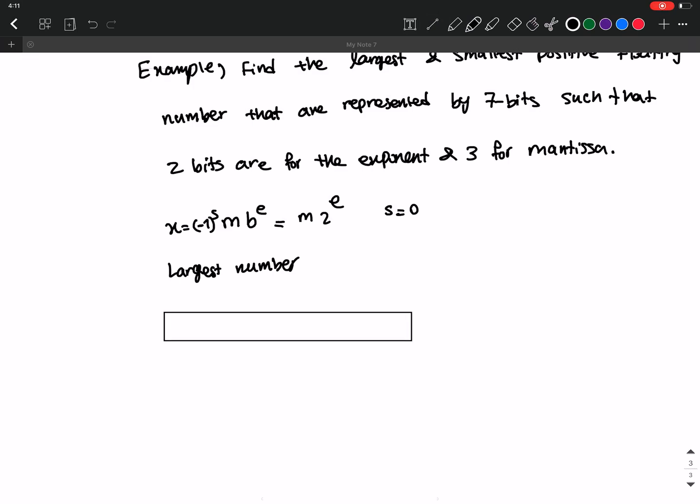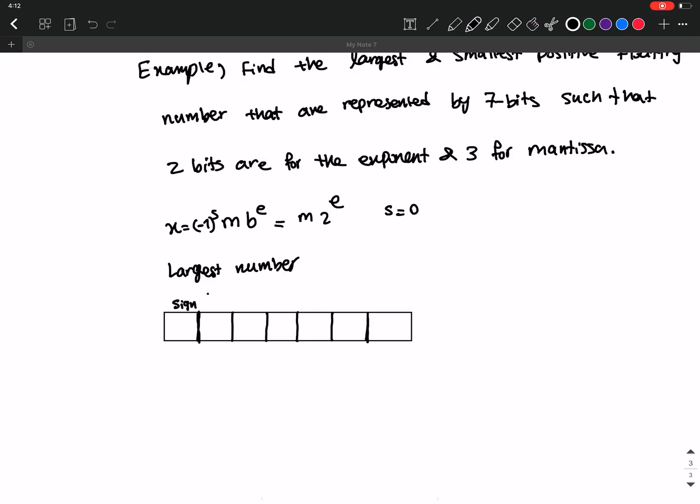We have 7 bits, so it's gonna be 1, 2, 3, 4, 5, 6. The first one is gonna be the sign.